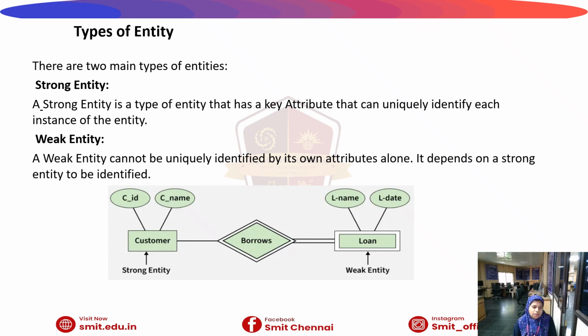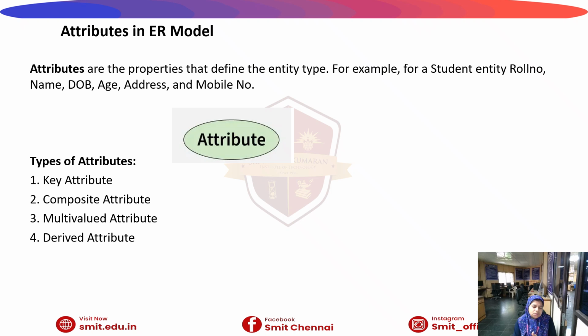In the diagram, the strong entity has customer ID and name; without them it cannot be identified. Whereas a weak entity, like loan name or loan date, can be changed, anything. So it is a weak entity. The customer borrows the loan. The loan can be anything, but customer ID and CNAME form the strong entity. It should be there. Next is attributes in the ER model.